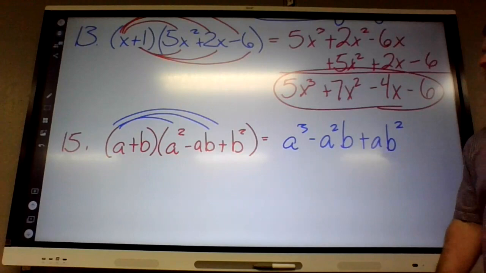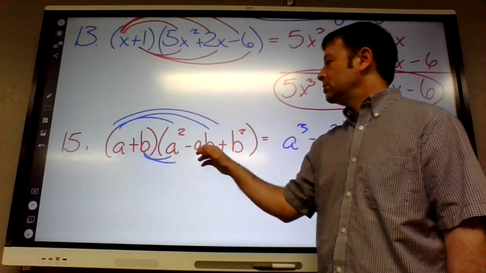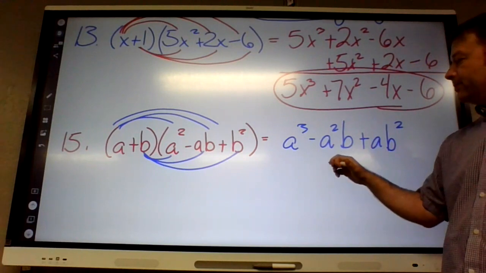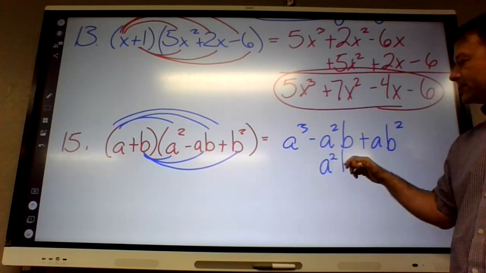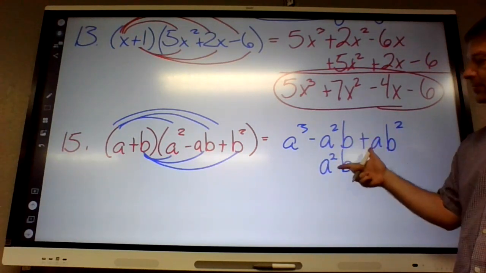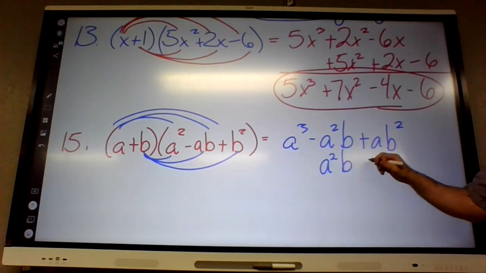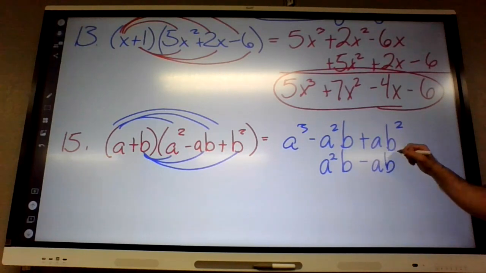And then we'll do, well, actually, we should do a squared b. Yeah, you could call it ba squared. If you call it a squared b, that's a little less confusing because now they look alike. Okay, go ahead. And then negative ab squared, and then b cubed plus b cubed.